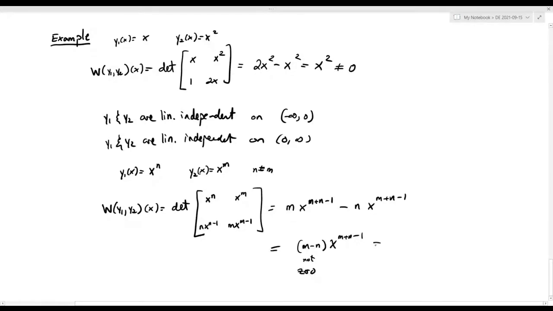So this is not 0 as long as x is not 0. So we see that these kind of monomial terms of a polynomial with different powers are linearly independent on either the positive part of the number line or the negative part of the number line.